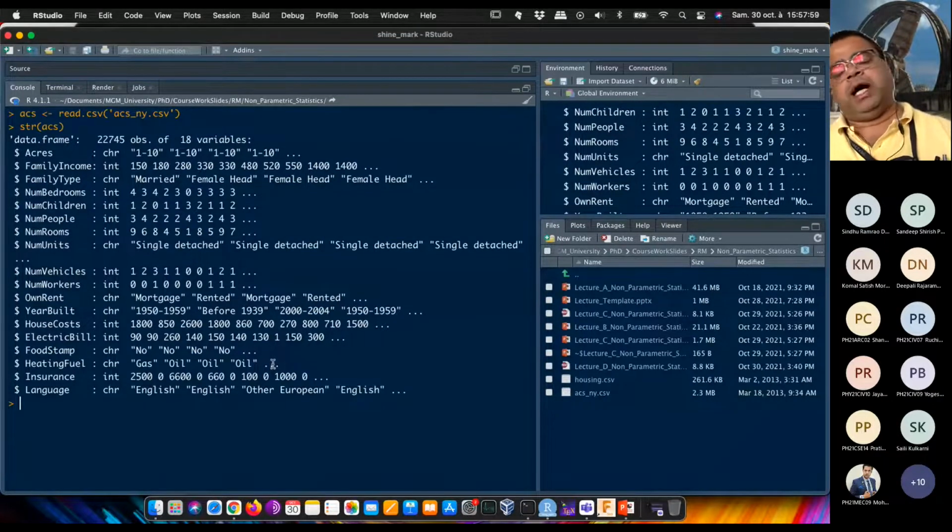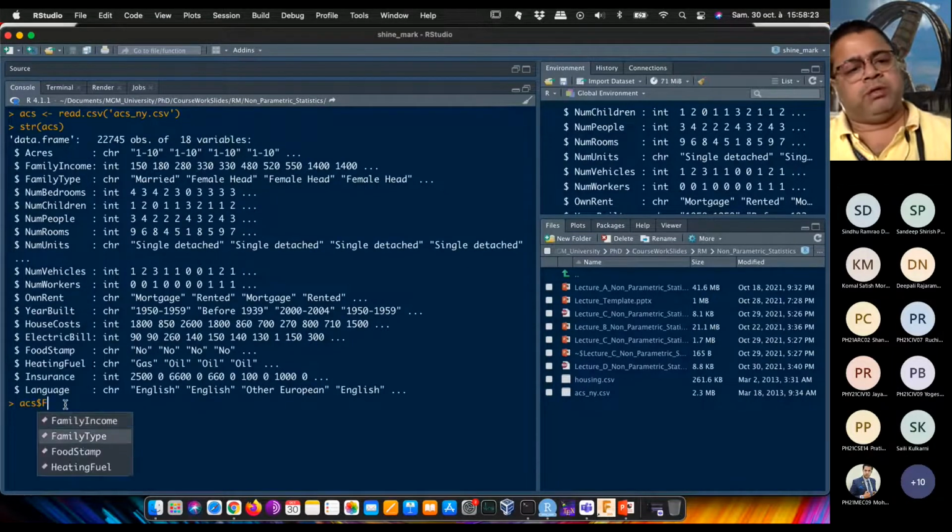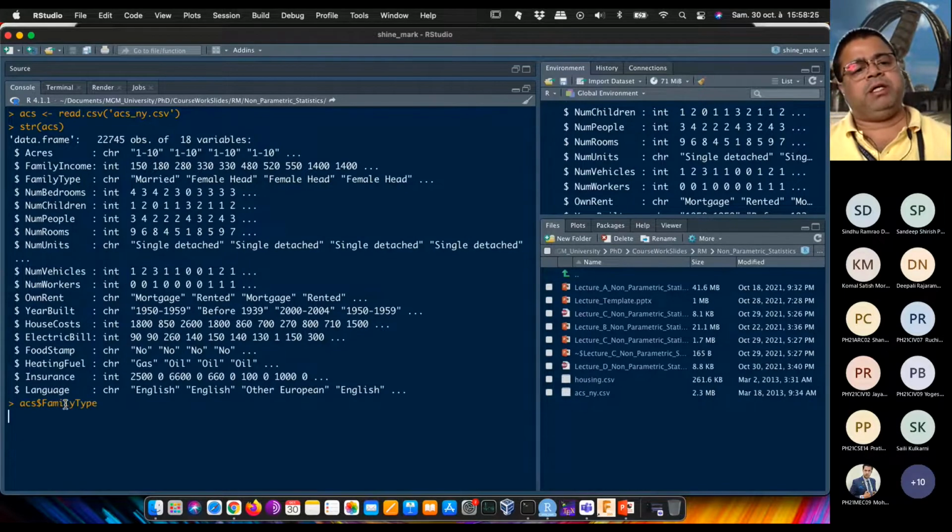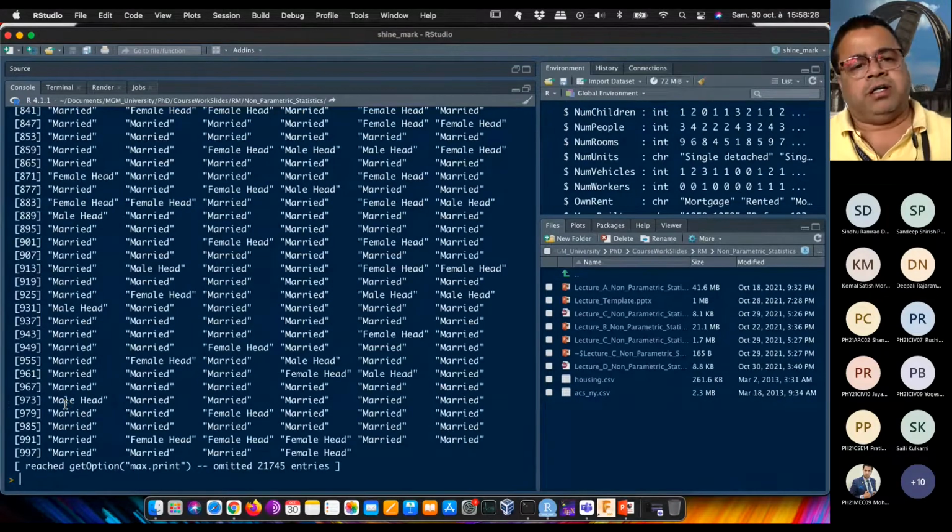Now, what I have to do from here is convert this particular field into a factor field, into a level field. How do I do that? If I just type ACS dollar family type, it will give me such a long list.